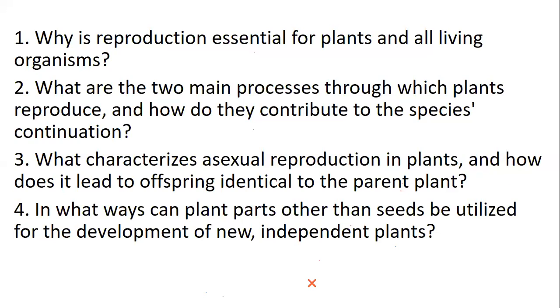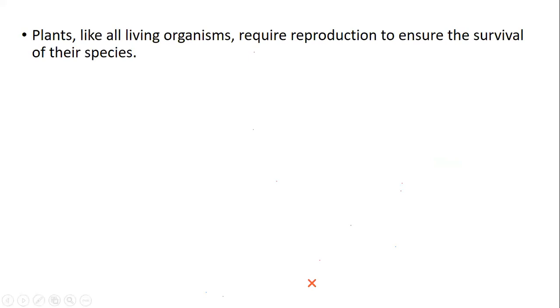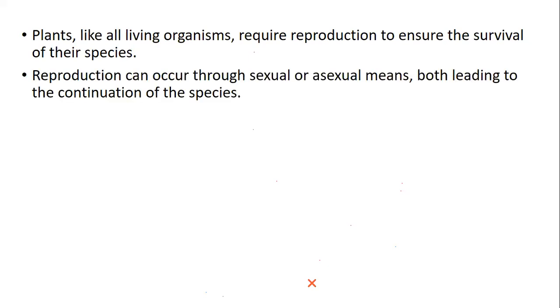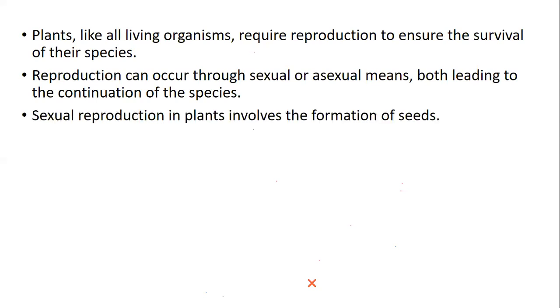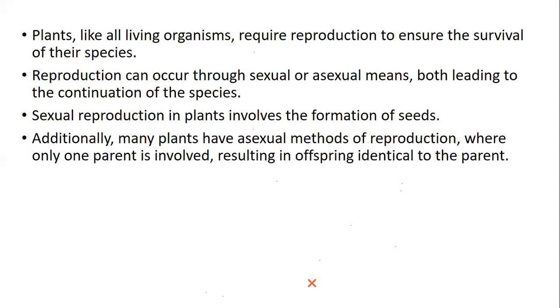Okay, let's proceed. So here I have the very summary of what we have talked about. Plants, like all living things, require reproduction to ensure survival of the species. Reproduction can occur through sexual or asexual means, both leading to continuation of the species. Sexual reproduction in plants involves formation of seeds.